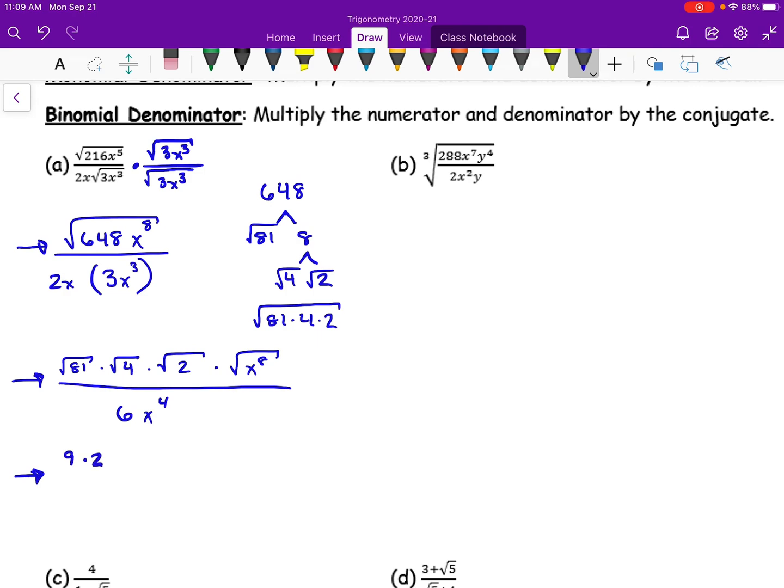We get 9 times 2 times square root of 2 times x to the 4, all divided by 6x to the 4. Alright, clean it up. 9 times 2 is 18 x to the 4 square root of 2 over 6x to the 4.